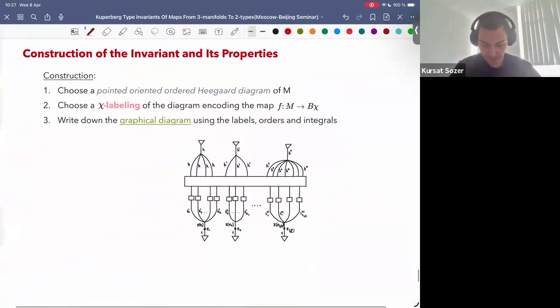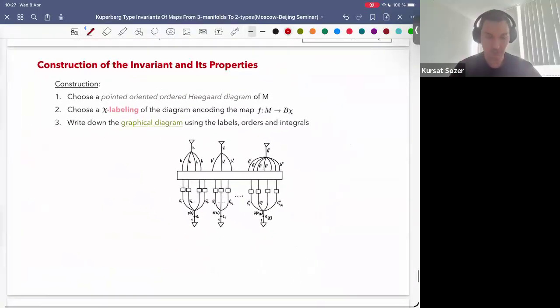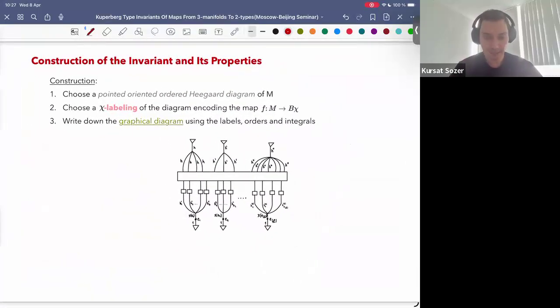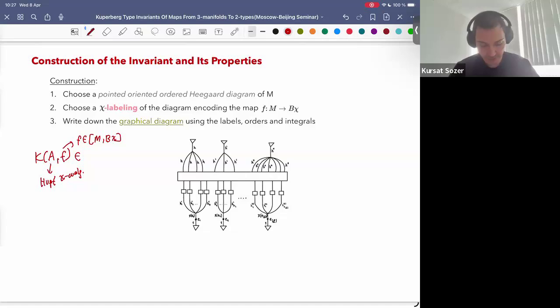So, how do we construct this invariant? This is the invariant of a chi-coalgebra. This is a homotopy class, and this is the invariant of this homotopy class, which is just a complex number, a constant.